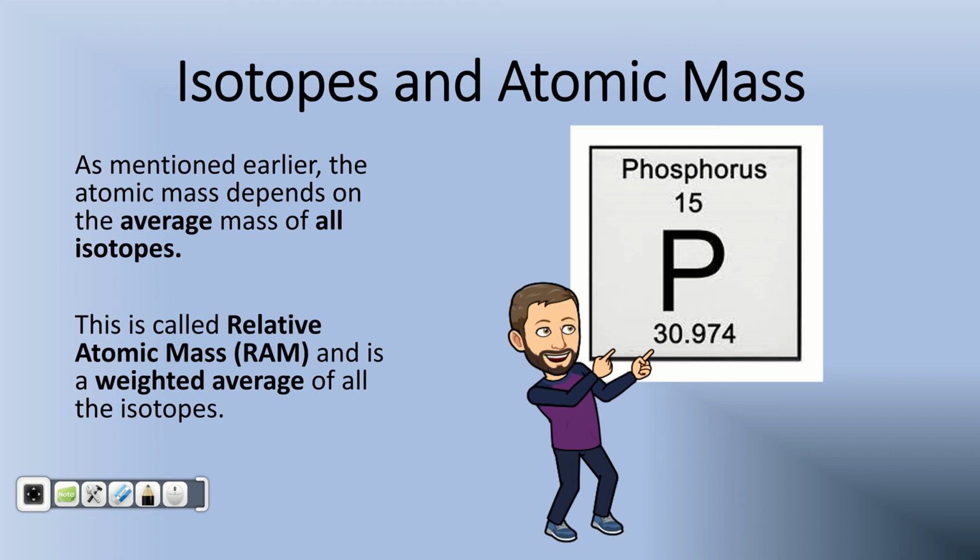A lot of schools do it with grades, where test grades are weighted 75% of the grade, while formatives are weighted 25%, or something similar. That's what we're doing here. So this 30.974 is basically saying which isotope is the most abundant versus another one that might not be abundant, but is pulling that average up or down. So it is an average of all of those.